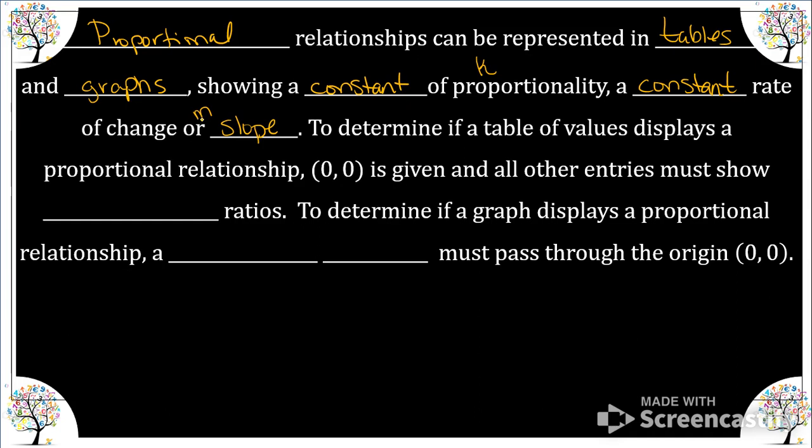So two things happen to determine if a graph or table is proportional. To determine if a table of values displays a proportional relationship, 0, 0 is given, so it goes through the origin, and all other entries must show equivalent ratios.